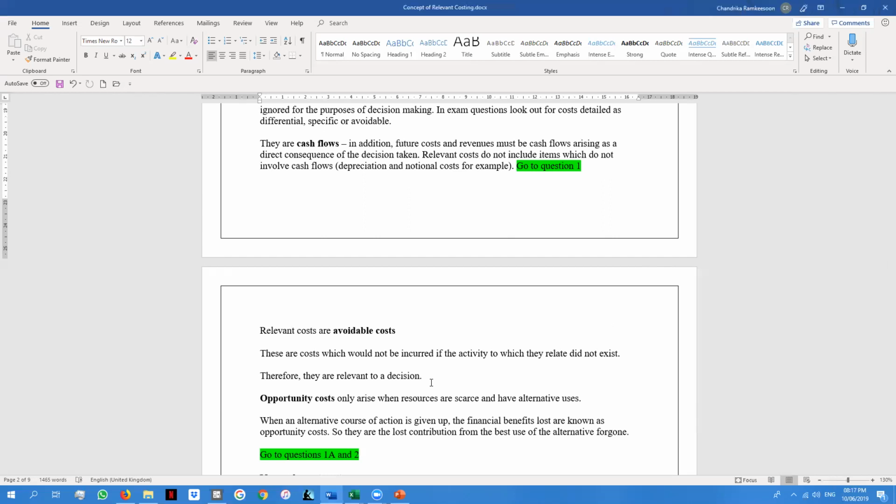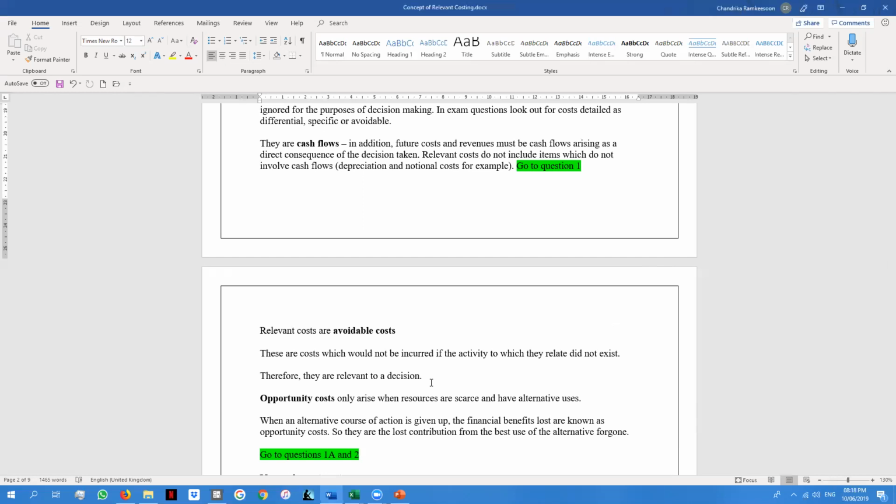A closure decision means the company is trying to decide whether they ought to close down a department or keep it open. Any costs which should be saved as a result of closing down the department are avoidable costs, and therefore they will be relevant to the decision. The company decides to close the department, they will be saved. The company decides to keep the department open, they will be incurred.